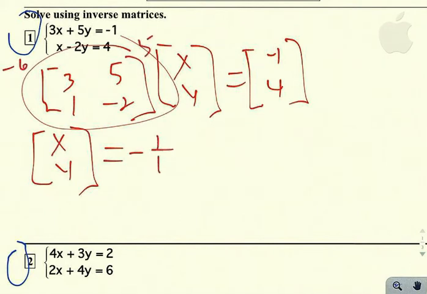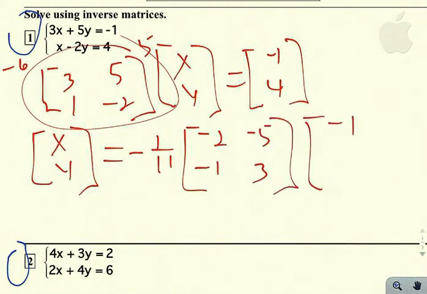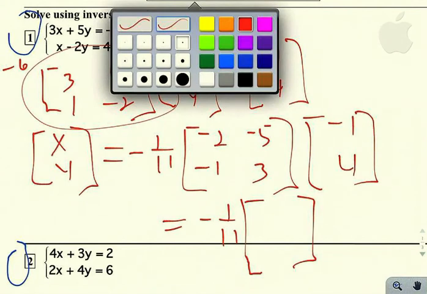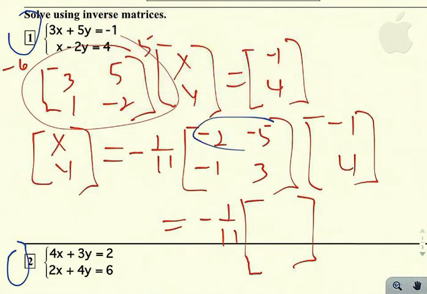So minus 1/11 times minus 2, 3, we switched, and negate these. And it's times negative 1, 4. So minus 1/11 times this row times this column.